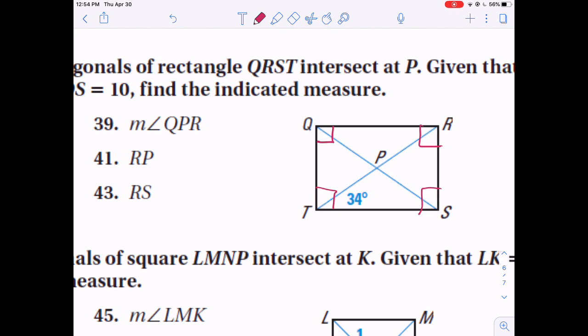So 34 here, 34 here, and with the parallel lines and the transversals, you got 34 here, 34 here, and if this is 90 minus 34, you should have 46 here, 46. You see where we're going with all this, folks? 46 and 46. Now, can you find these angles in here, where I'm drawing those? Yeah, you can, because look, you already have two of the angles for each triangle. So you can find those four angles as well.